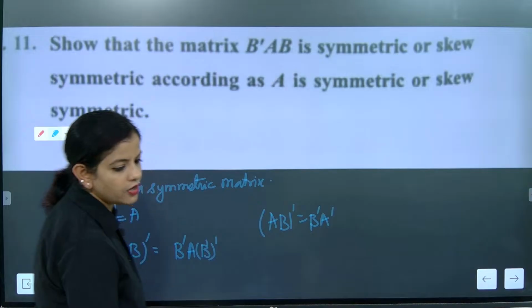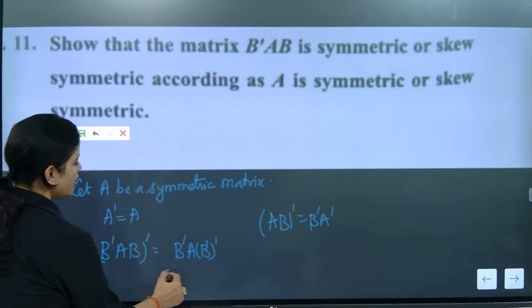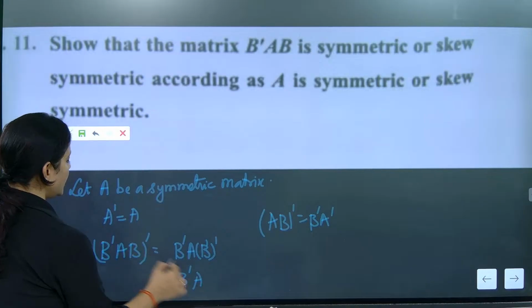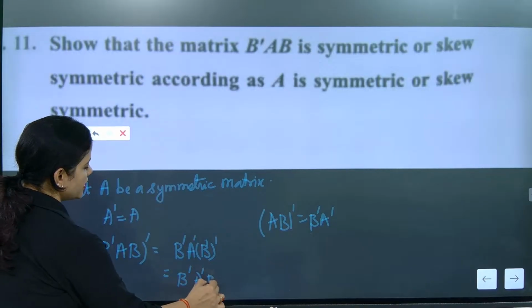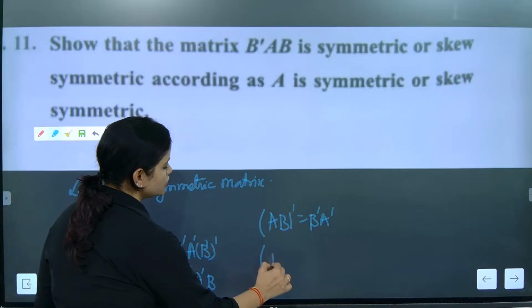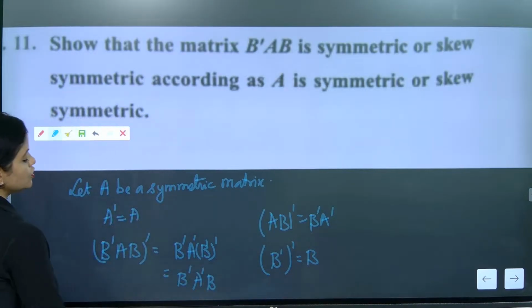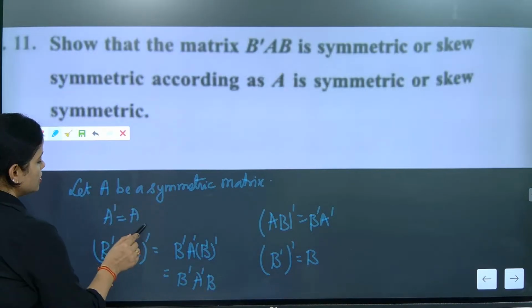So here also transpose will go. It will become B, A transpose, and here it will become B, because the transpose of B transpose will become B only. Now A transpose is already A because it is a symmetric matrix.